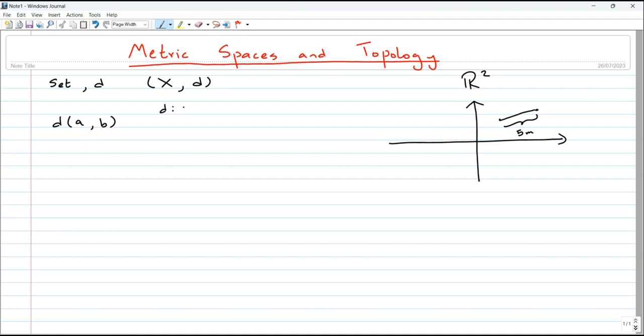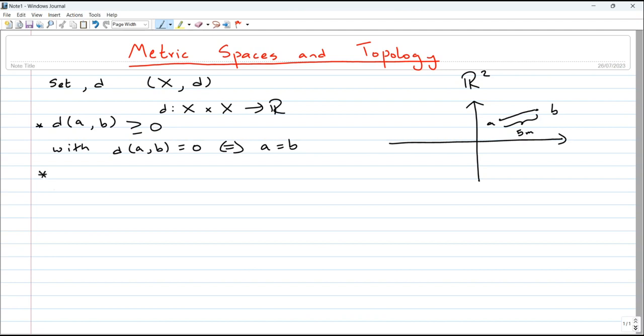So d should take 2 points to R, and the distance between 2 points, say A and B, has to be non-negative, and it's only zero when d(A, B) = 0 if and only if A = B. So it's only 0 when the 2 points we're considering are the same point. To go from A to A is 0 meters, 0 distance apart. Otherwise, it's some positive number.